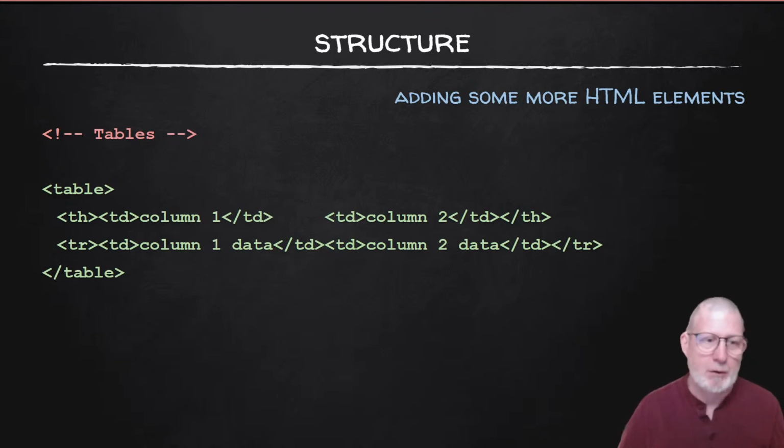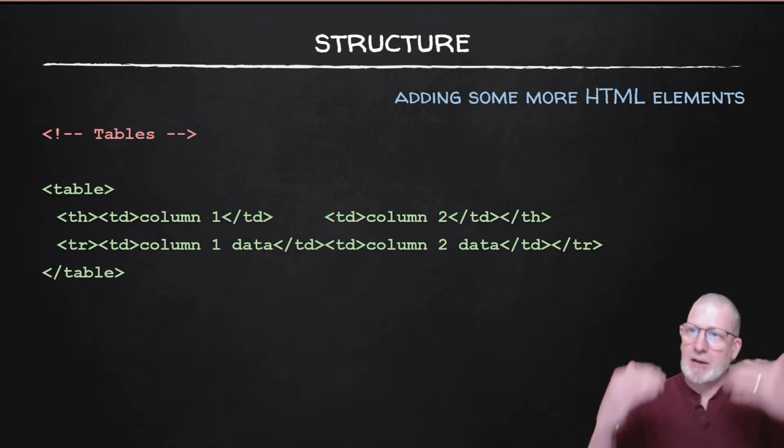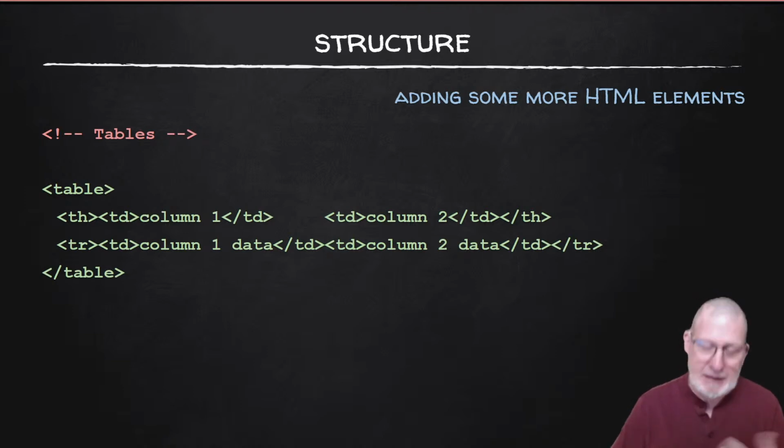So there's a table with a heading and 3 rows. And in the heading, I can create the heading titles with table data elements.